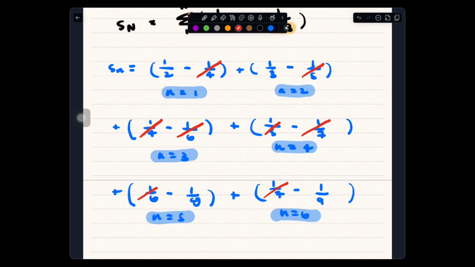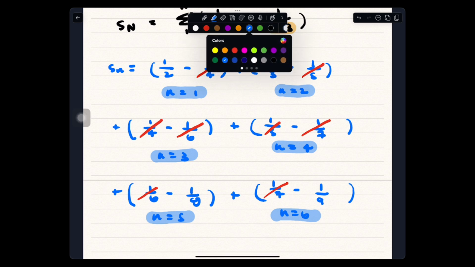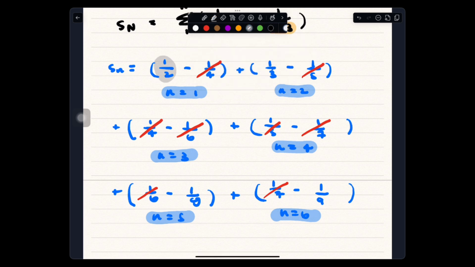6. So I want you to see initially, 1/2 is never going to go away, and neither is 1/3. Would you agree with that? Those will never go away. What else is going to stay?